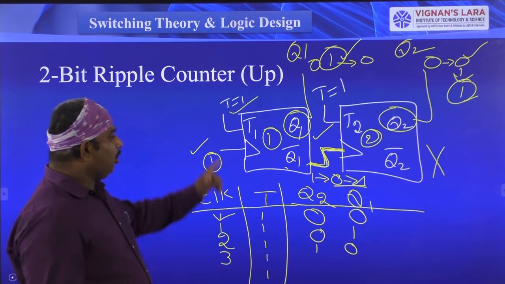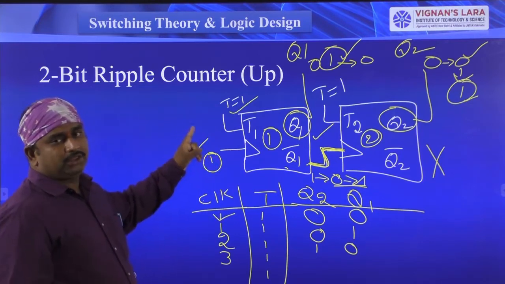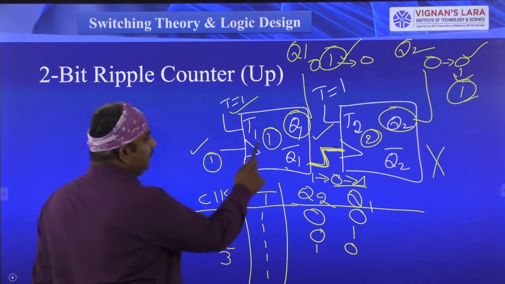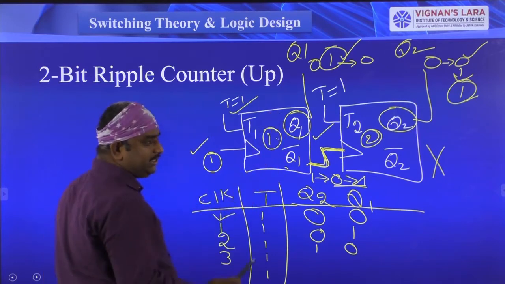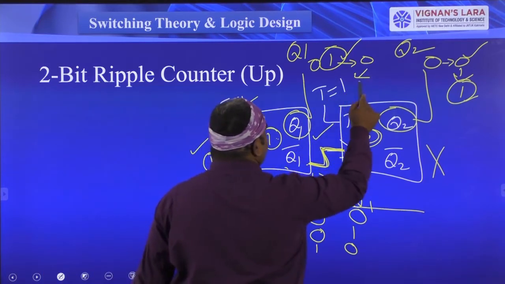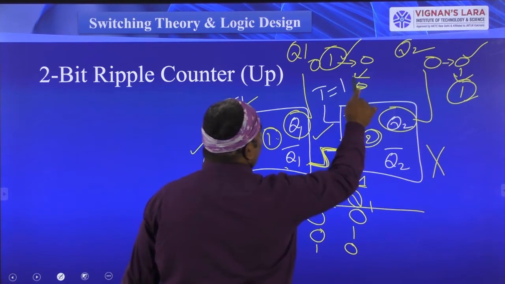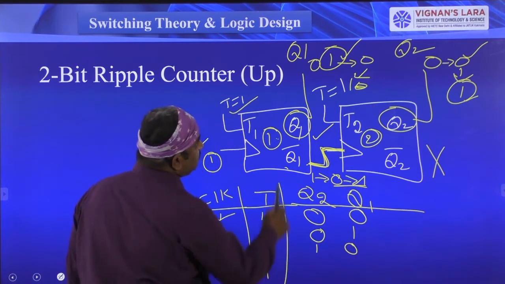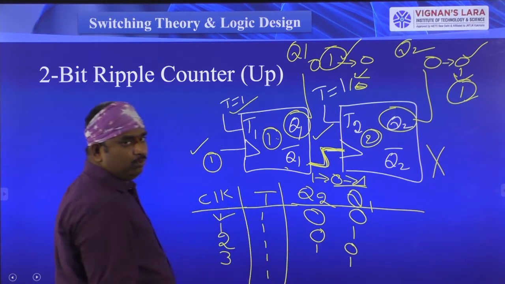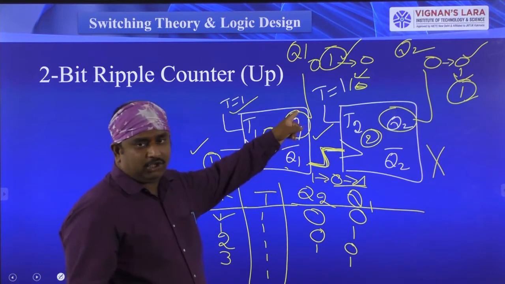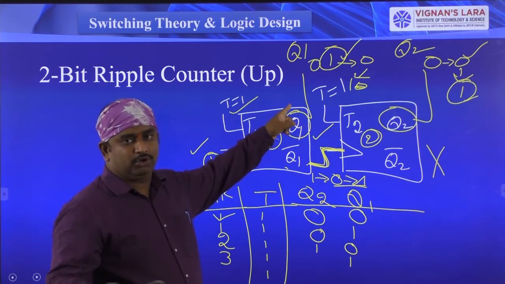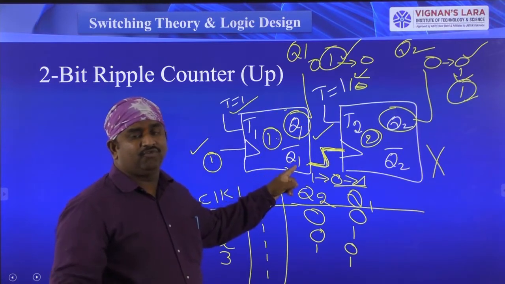When you are giving the third clock pulse, so see here, again the Q1 is changing from 0 to 1. So that means the Q1 output is changing from 0 to 1. Next, see here, when Q1 is shifting from 0 to 1, Q1 bar is shifting from 1 to 0.